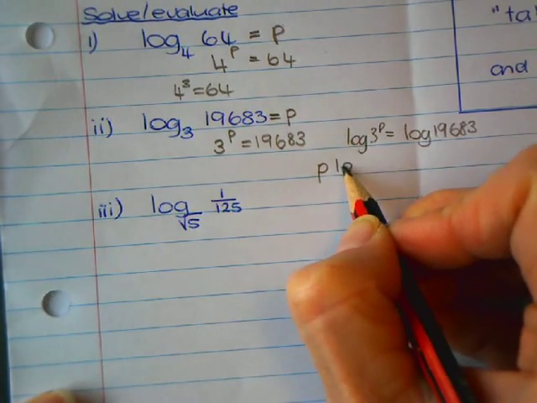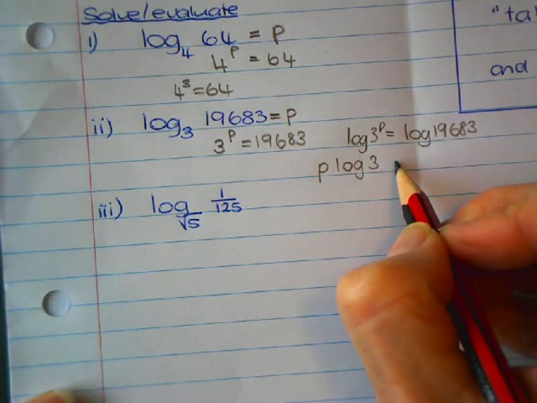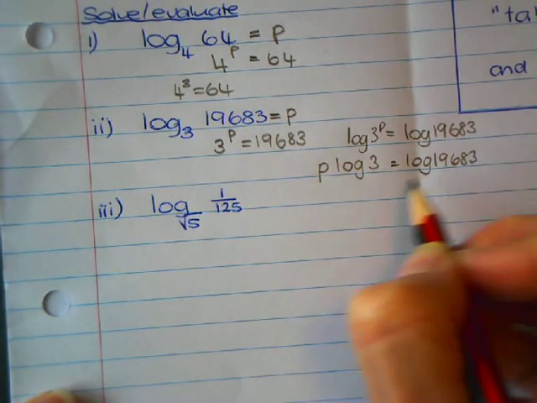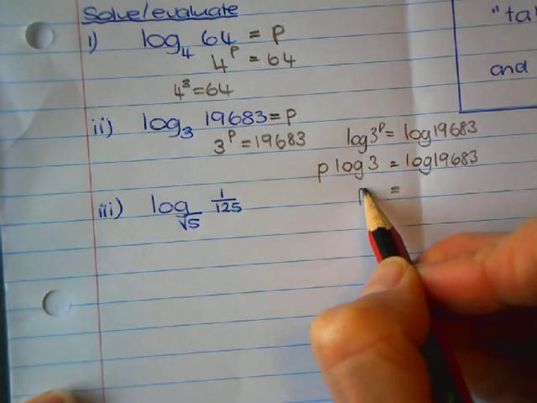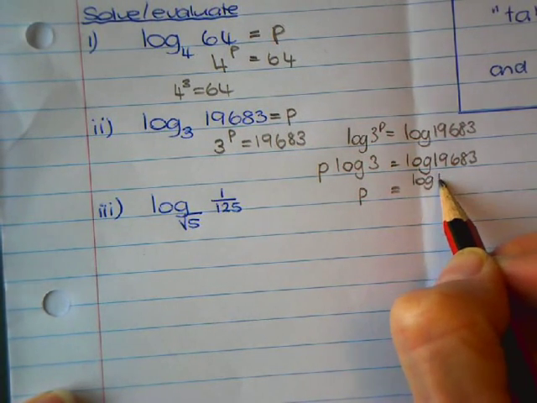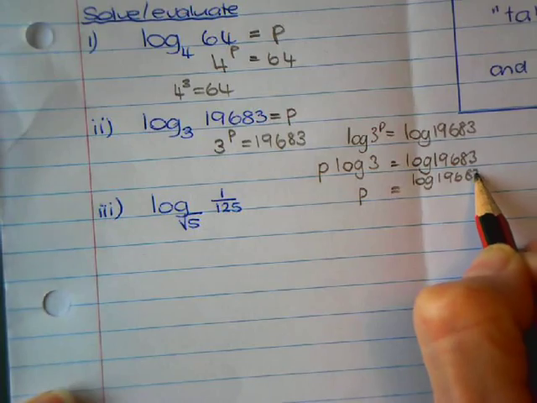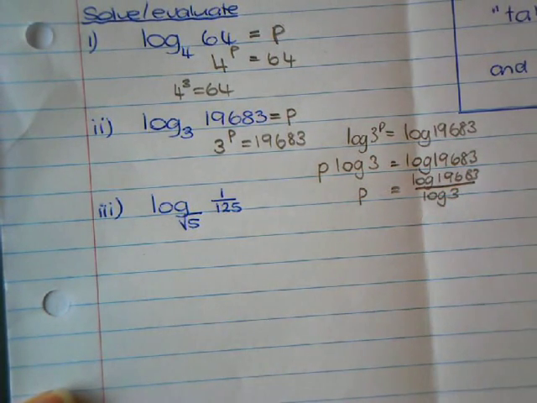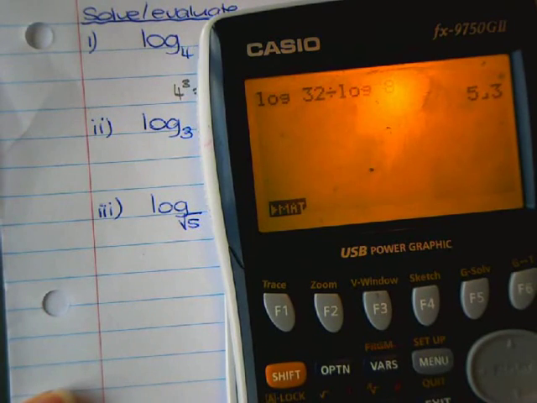Bring the power to the front: P log 3 equals log 19,683. And rearranging it, P equals log 19,683 all divided by log 3, and that's when you grab your calculator.